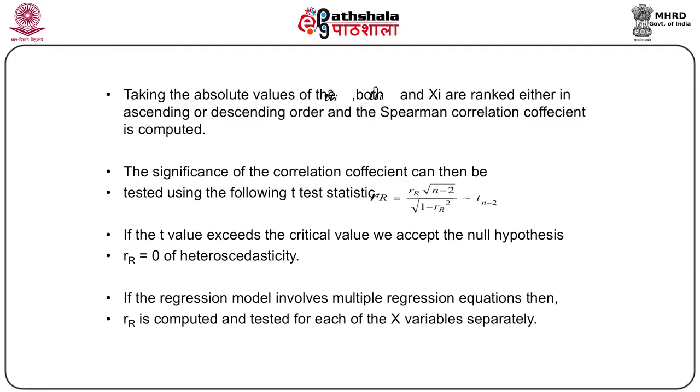If the t value exceeds the critical value, we reject the null hypothesis that the Spearman rank correlation coefficient equals 0, which indicates heteroscedasticity. If the regression model involves multiple regression equations, then r, the Spearman rank correlation coefficient, is computed and tested for each of the x variables separately.